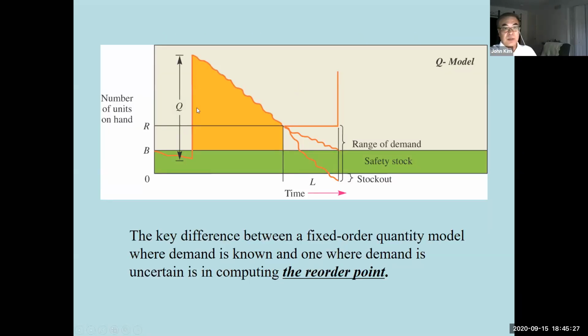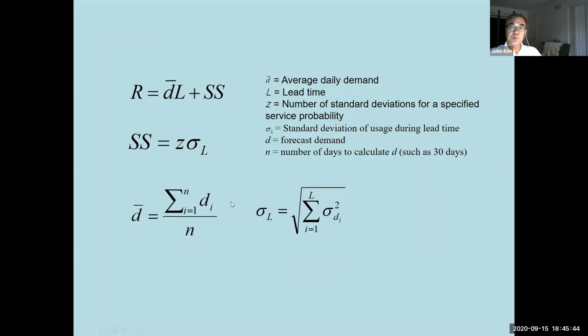This safety stock model and the basic model use the same order quantity equation. The only difference is the reorder point. Reorder point equals the basic model's reorder point plus safety stock.